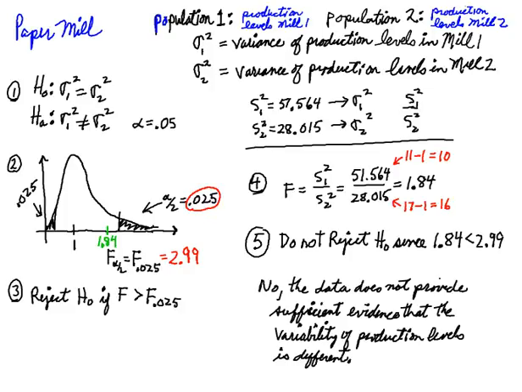Now you can also run this test using a p-value, and I've provided some instructions on how to calculate that. One way the book demonstrates is by using the F table, and I show you on the web page how that goes. And a better way actually is to use Excel, and there's two options in Excel that you can use to get that p-value.